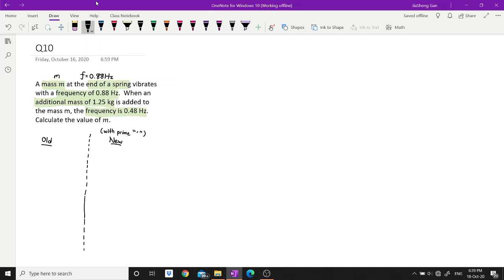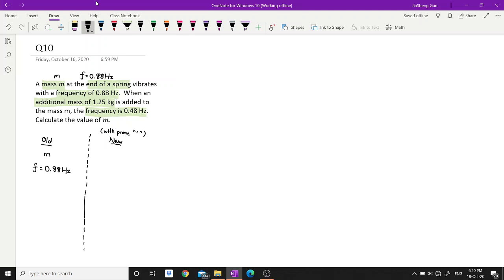So let's go through it slowly. Your old mass is M, they don't tell you anything else, and your old frequency, before adding the 1.25 kg, is 0.88 Hertz. So that's what you know for the old situation.